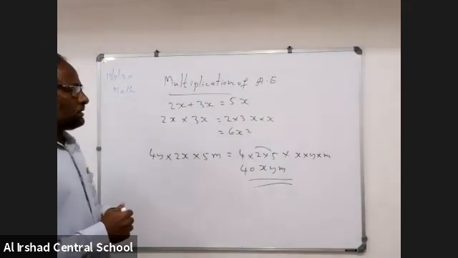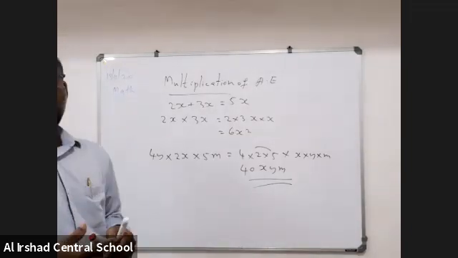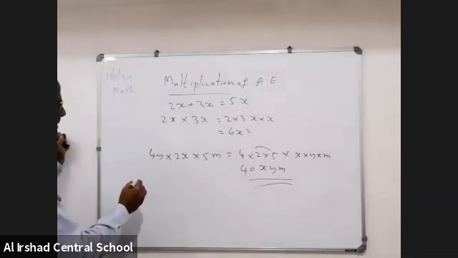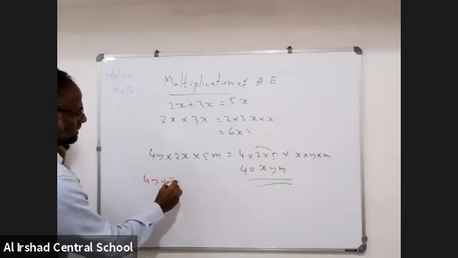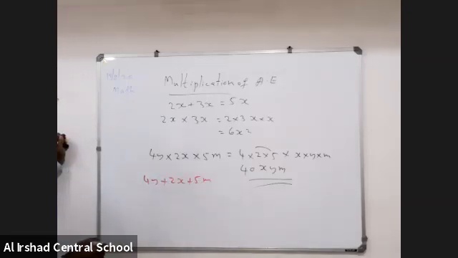Now listen here. You can ask me, sir, before that you said like terms, no multiplication. I didn't tell like terms. Anytime we can multiply this matter. But 4y plus 2x plus 5m. What is the answer here? Tell me.